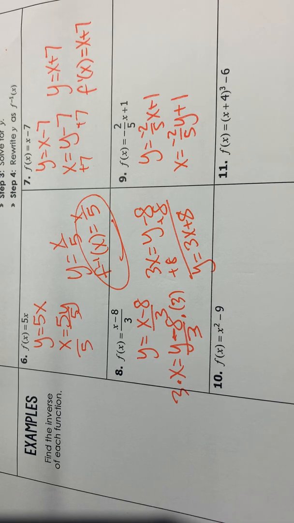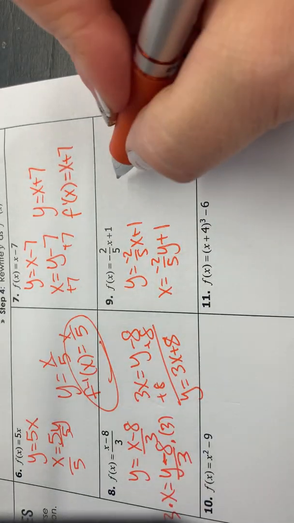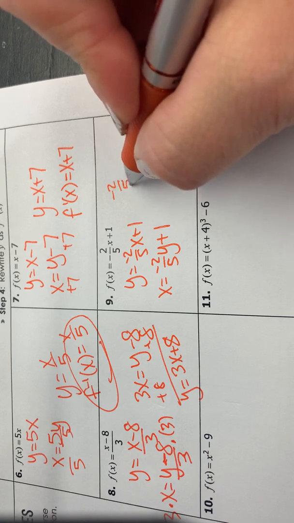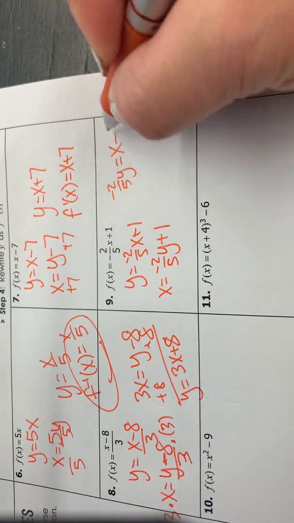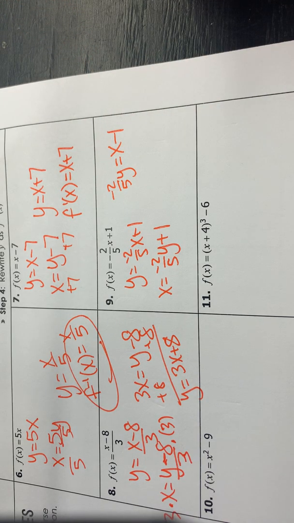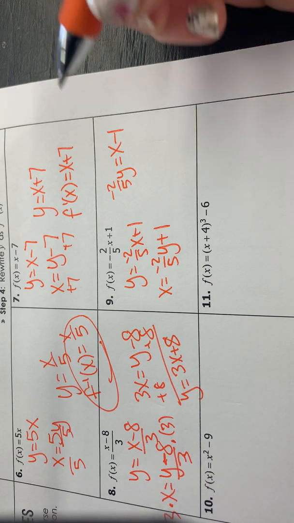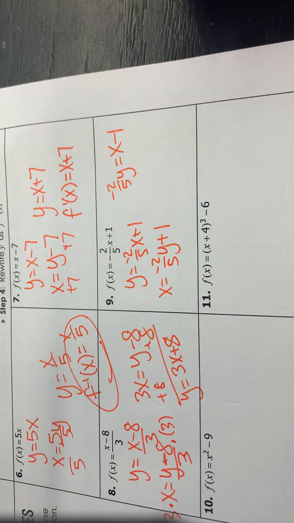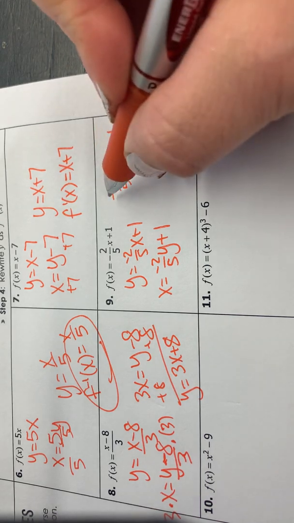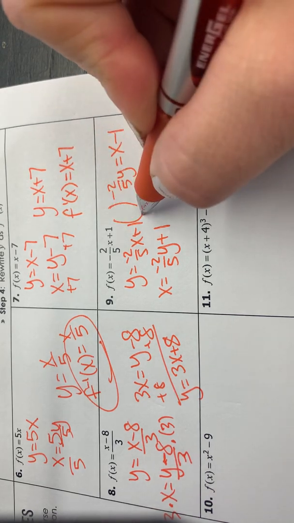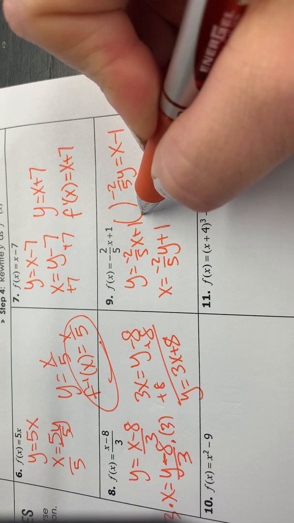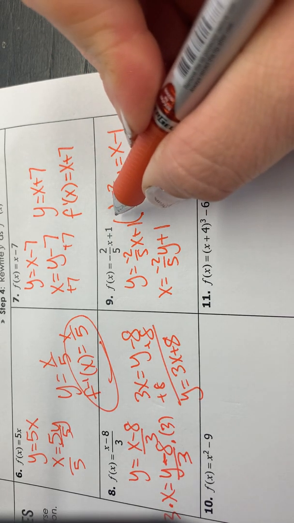All right. Number 9, subtract that 1. This would be x minus 1. On here, there's different things you could do. I think I'm going to multiply. Switch that around.